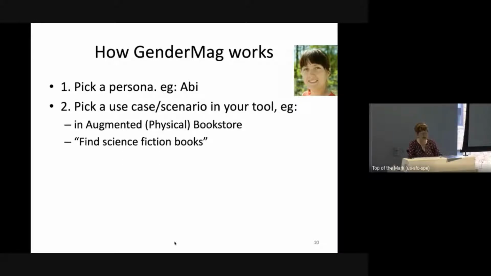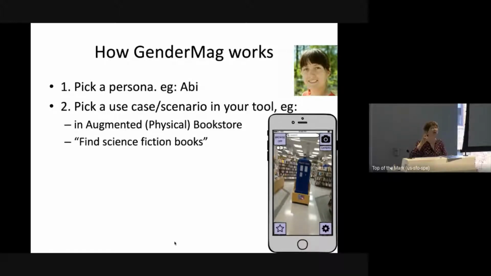You pick a use case or a scenario that you would like to evaluate in the software you're trying to evaluate. So here is one example. This is like a Google map for inside a bookstore, and some of my students were working on this. So that's the application they're trying to evaluate, and their scenario or use case is Abby wants to find science fiction books.